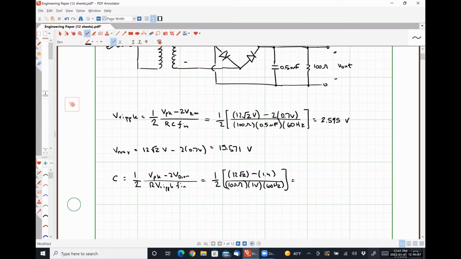I get 1.297 millifarads. So our additional capacitance is just going to be 1.297 millifarads minus our 0.5 millifarads, or 0.798 millifarads.